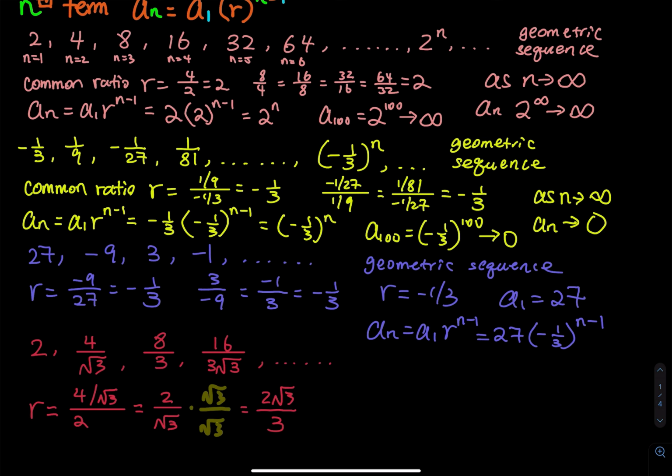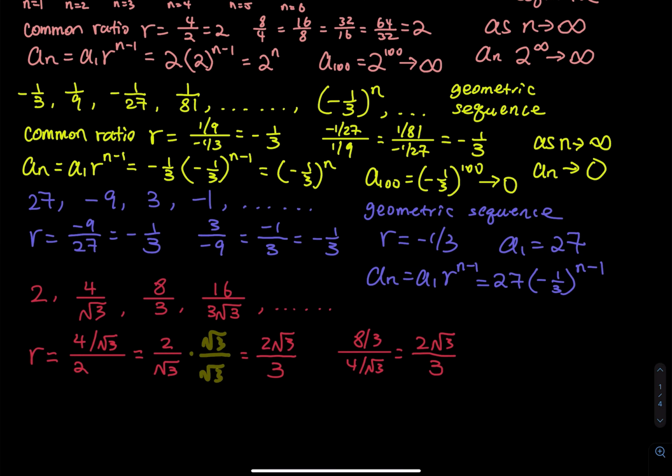Okay, we try two more pairs to see if that works. So we have a over 3 divided by the previous term, 4 over root 3. So a over 4 equals 2, right? So we have a 2, and then you flip the root 3 up, and this 3 is in the denominator. Okay, I'm fine with that.